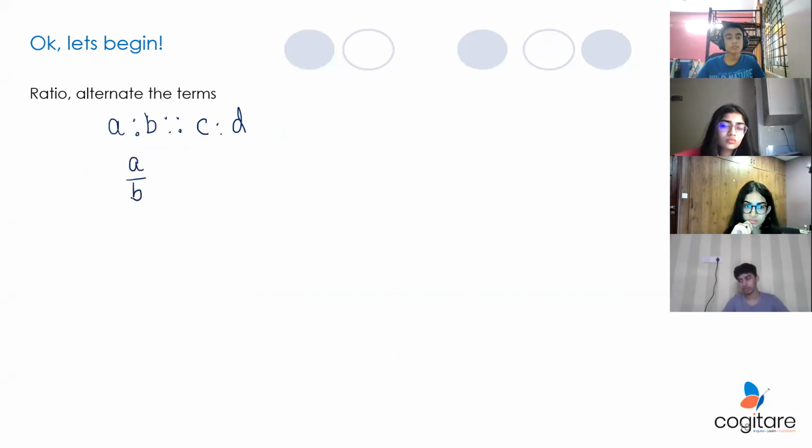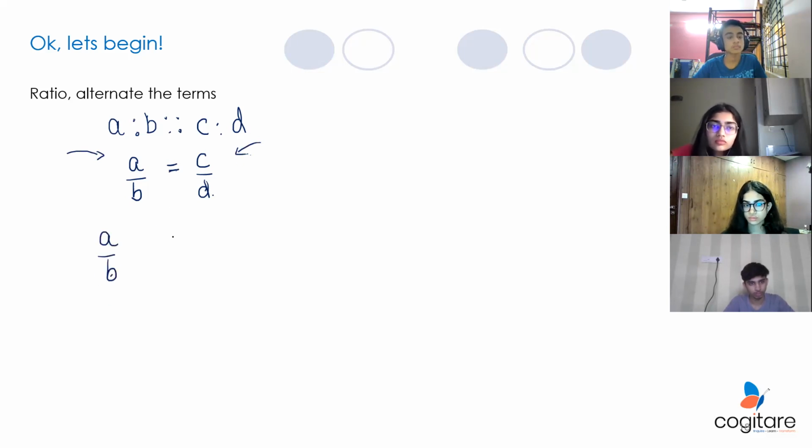I'll write this in the ratio form: A by B is equal to C by D. Now, when you have this equal to sign, whatever I perform on this side, I'm supposed to perform on that side. You all know that. So all I will do is multiply both sides by B by C.